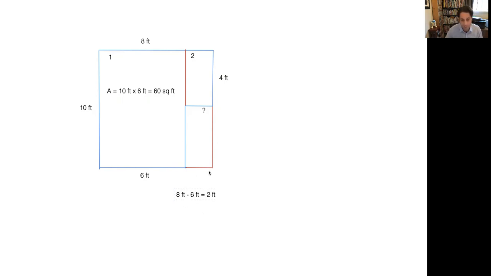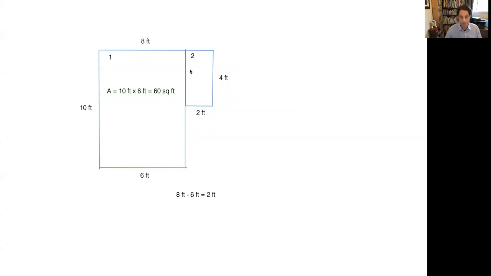So this little part here is going to be 2, which means this missing number right here with that question mark is going to be 2, okay? So let me erase some of this stuff because we don't want to get confused, okay? So we just found the missing number here, and that is 2 feet, okay?